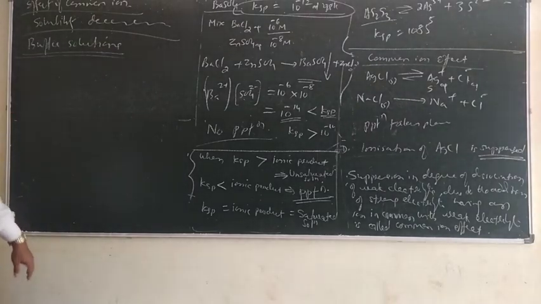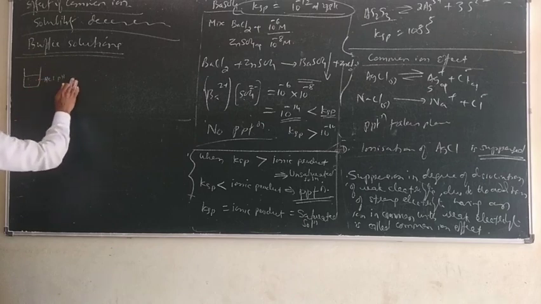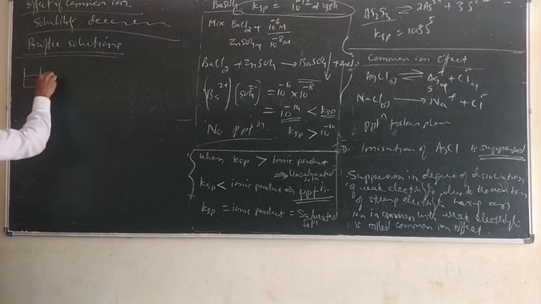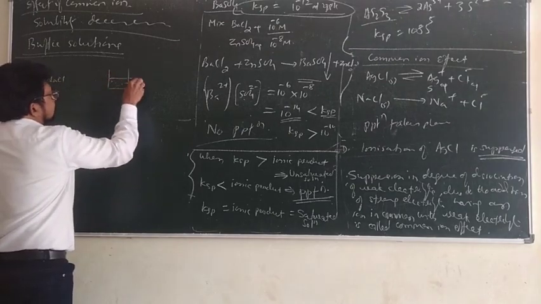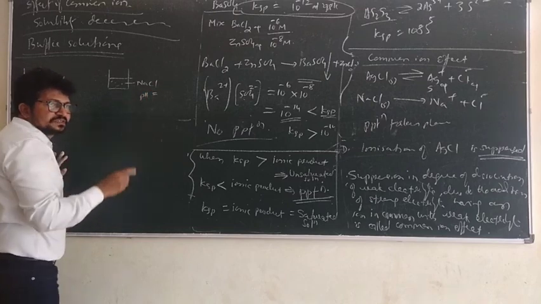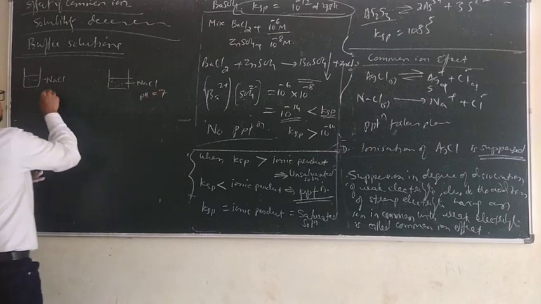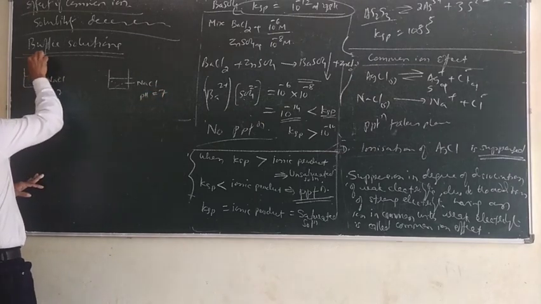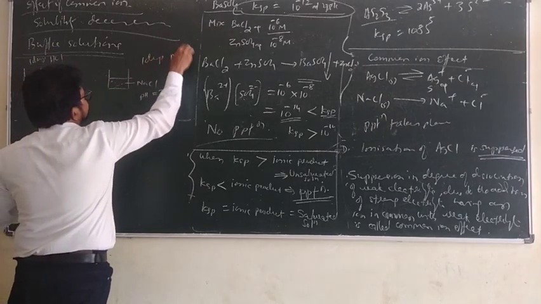See, think this is a beaker having NaCl. Both beakers have NaCl. NaCl is a salt of strong acid and strong base. pH is 7. 1 drop HCl you add, 1 drop NaOH you add.